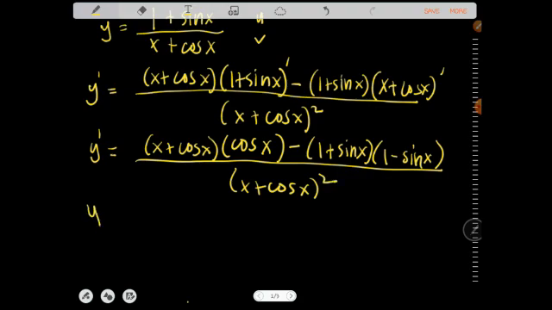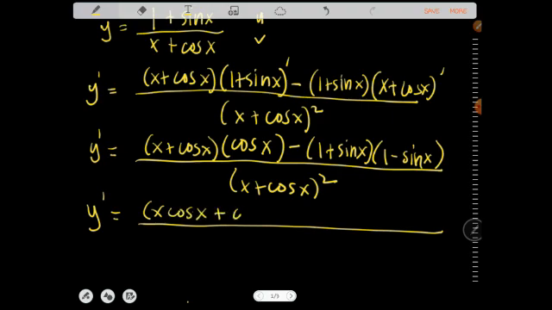So, in this case, pwede na natin gamitin yung ating distributive property, di ba? Kasi you can multiply this term. So, ang mangyayari, that is equals to x cosine of x plus cosine squared x. Okay? Minus, dito naman, remember naman yung ating 1 plus sine of x times 1 minus sine of x is just also equals to 1 minus sine squared x. Diba?